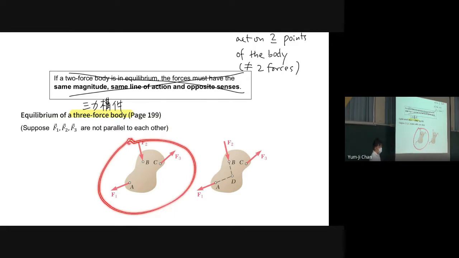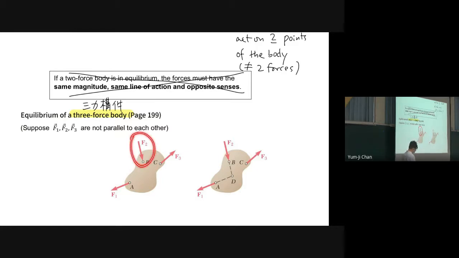In rigid bodies we have something called the principle of transmissibility, which means this force can be moved to the front or to the back along the same line of action.